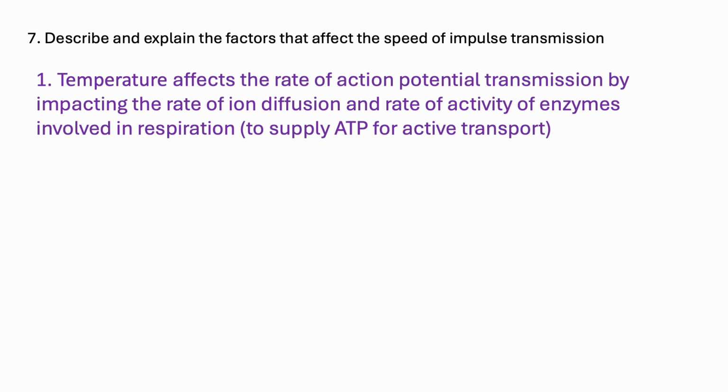So as temperature increases, it's going to increase the kinetic energy of ions and the rate at which they diffuse. And it's also going to affect enzyme function. So it's going to affect the kinetic energy of the substrates and enzymes of respiration, the successful collisions between substrate and enzyme, and affect the rate of that process.